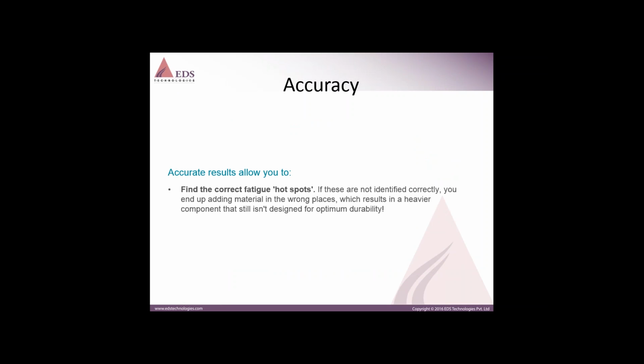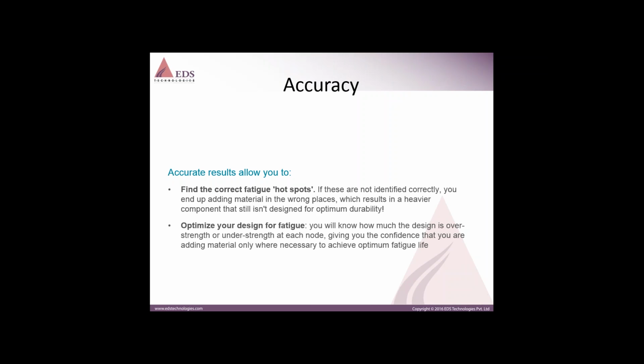Another very important case becomes accuracy. Accurate results always allow you, firstly, the correct fatigue hotspots, which are very important, and also allow you to optimize your design for fatigue as well as first time right.